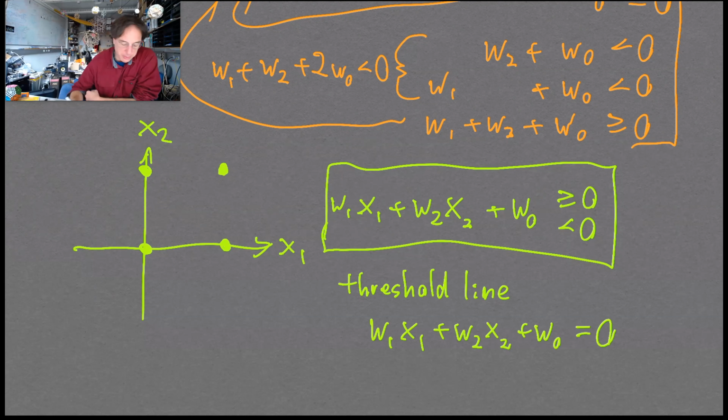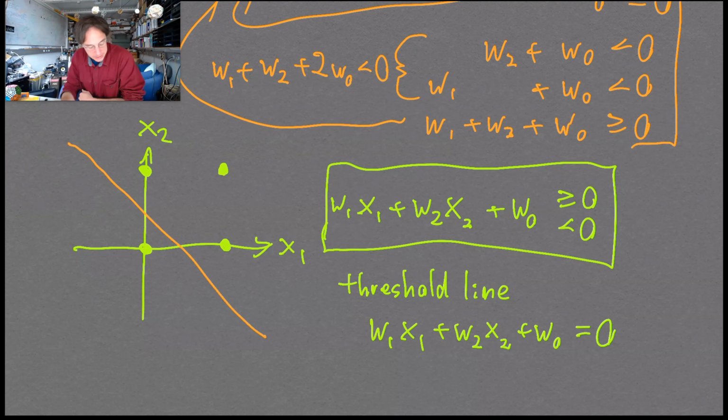And this will be some line in the space. Maybe I should put it more, so it's not going through a point. So that's an example of a line we could have, right?